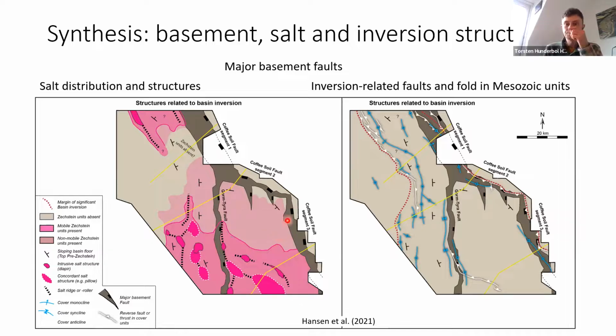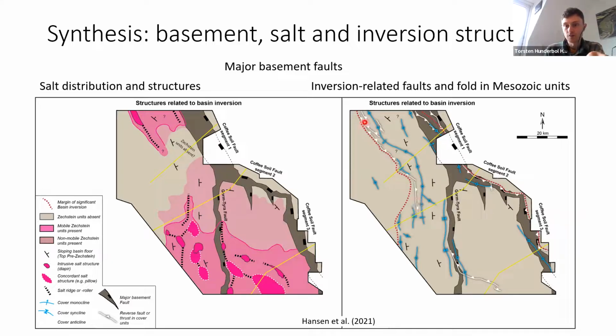To the right, you have the inversion structures, mapped from the chalk group higher up: anticlines, monoclines, inverted faults, and younger inversion-related thrusts marked in white.